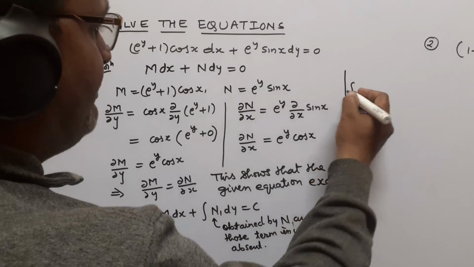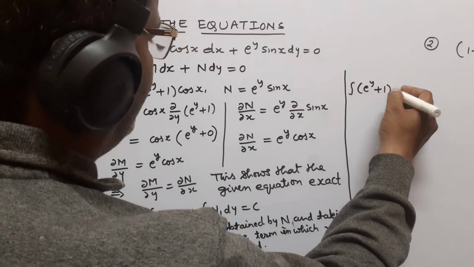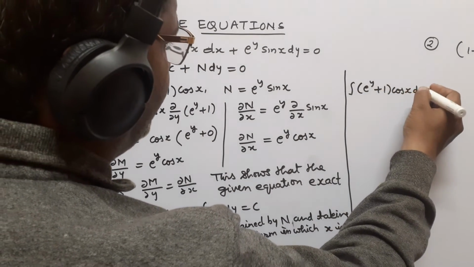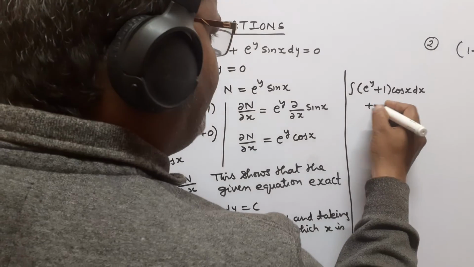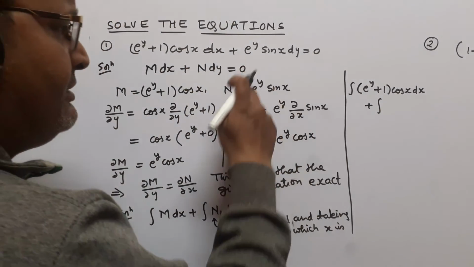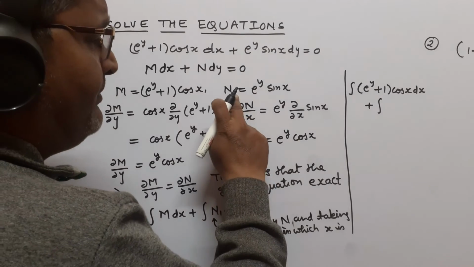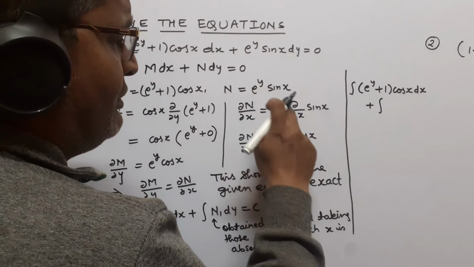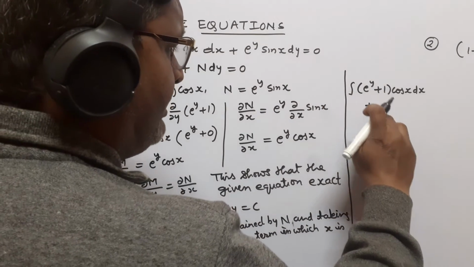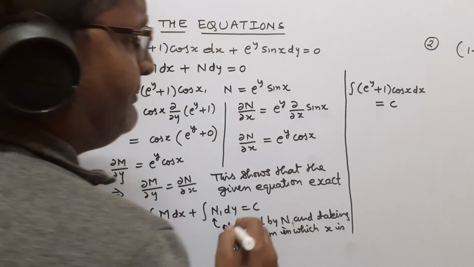Now here M is given by e to the power y plus 1 multiplied by cos x dx plus N1. Here N1 is obtained from N, and we can see that x is present in this term, so N1 becomes 0, and this is equal to c here.